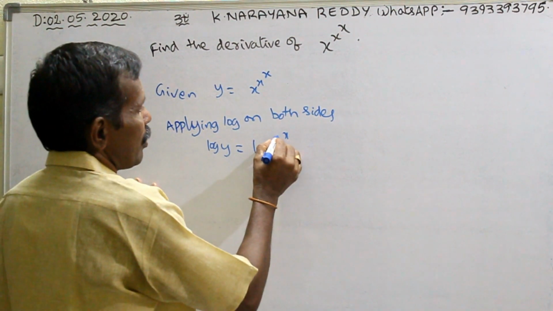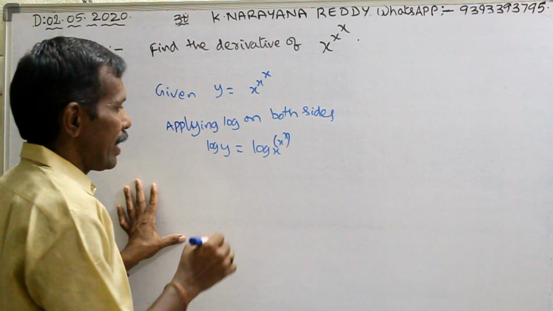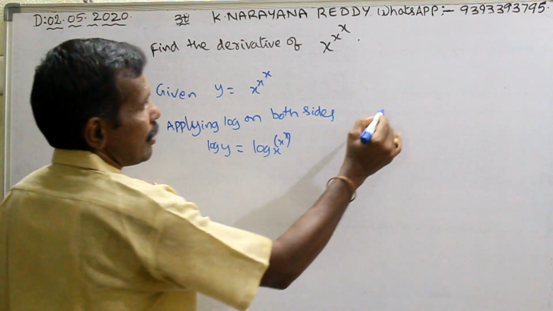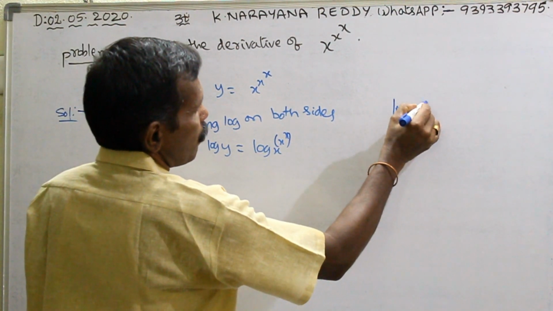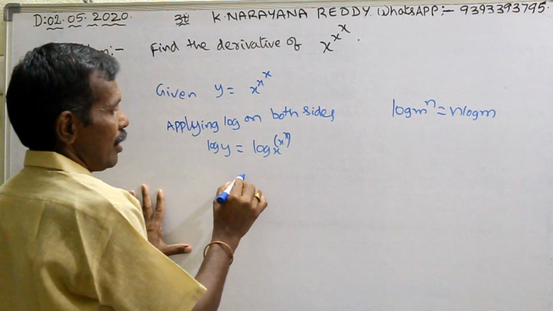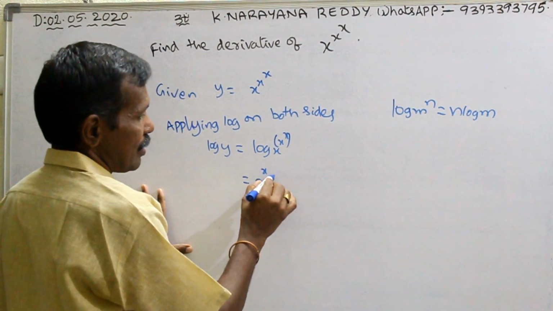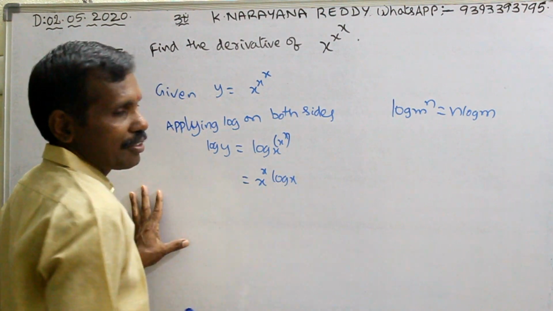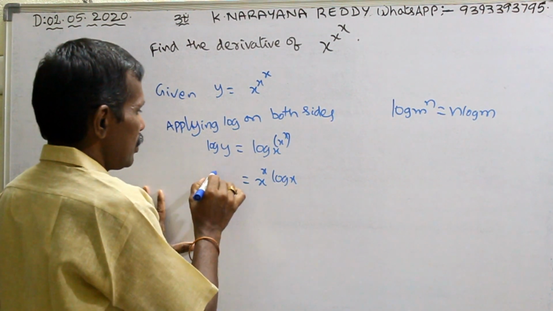Now this is one pair I will consider. Now what is log m to the power of n? n log m. Yes. Now x to the power of x log x. Okay, this is log y.